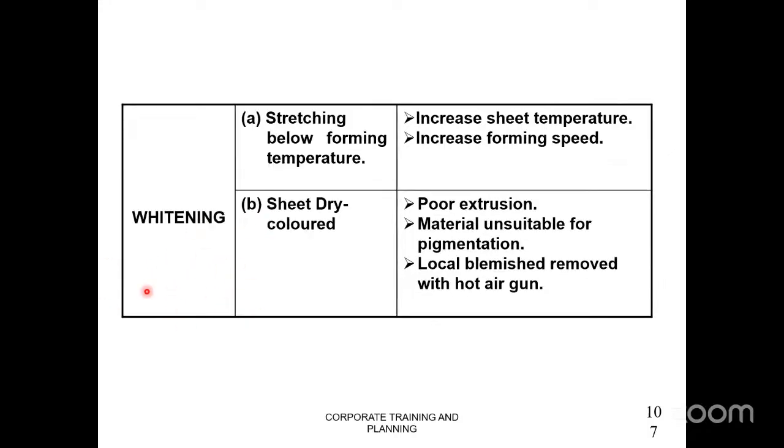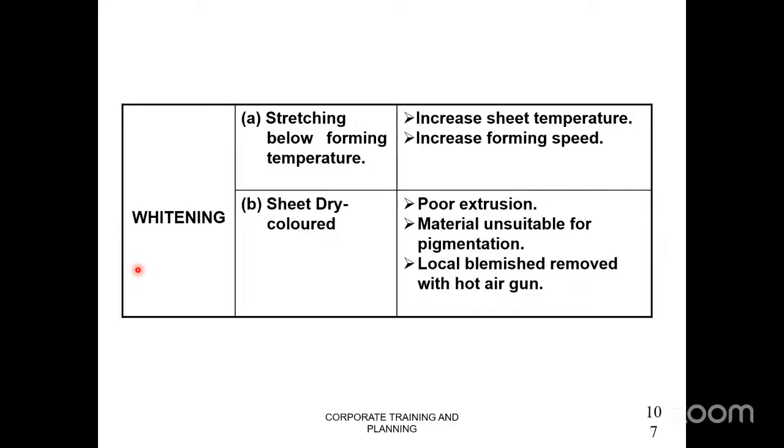Whitening. Generally what happens while thermoforming, when you are stretching the material, whitening lines come out, whitening lines, not silver lines. Why does this happen? Stretching below forming temperature.